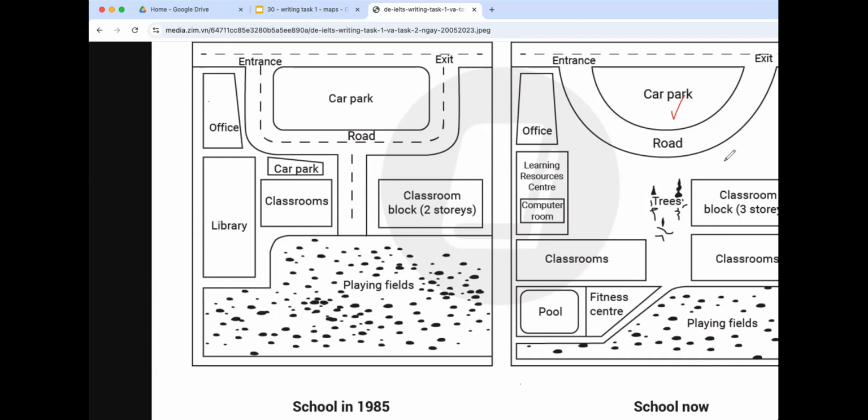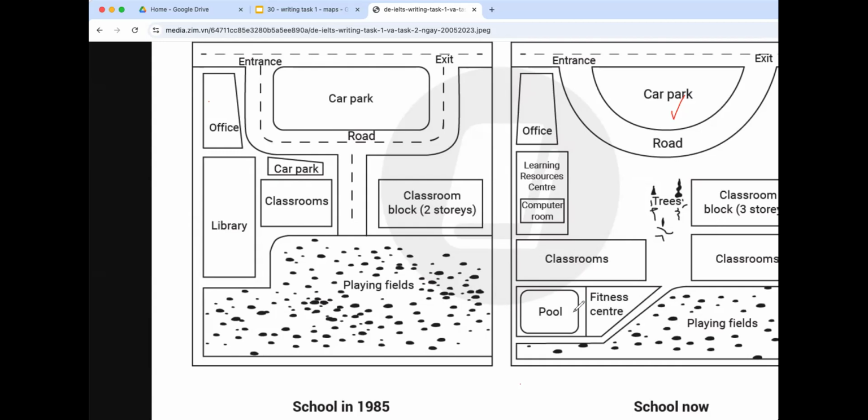We couldn't hear you. Yeah, any more changes? Okay, Ngọc, yeah, keep going. Yeah, maybe the internet connection. Field, playing field. But then we have two more buildings.